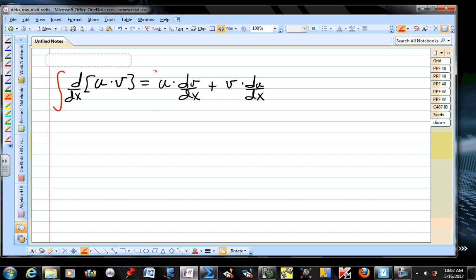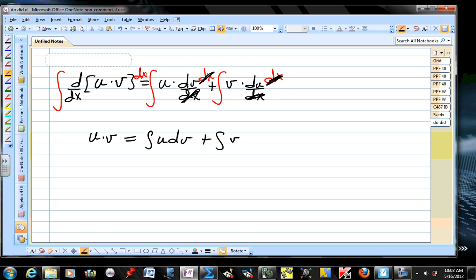So if we came along and integrated each term with respect to x, let's see what would happen. The integral of the derivative of the product u and v is going to be u times v. And this is going to equal, the dx's cancel, the integral of u dv, plus the integral, the dx's cancel, of v du.